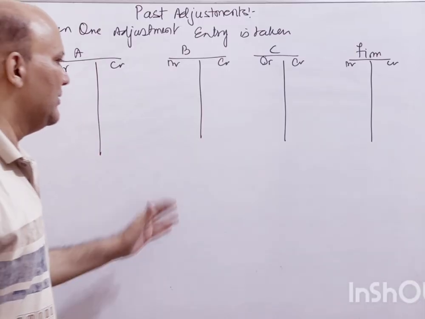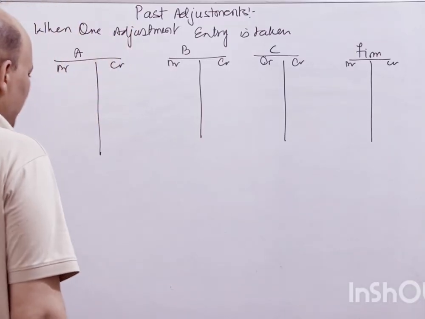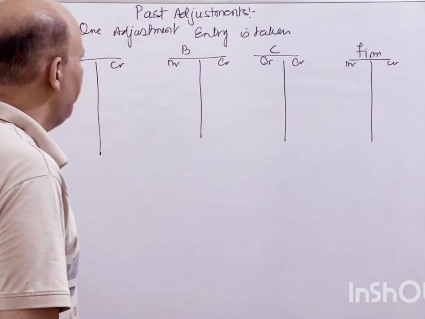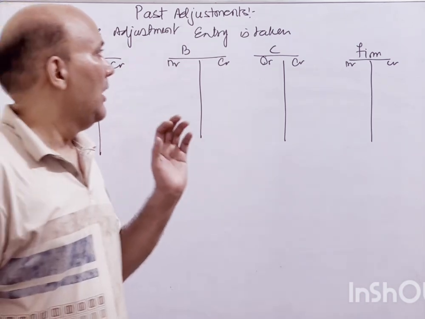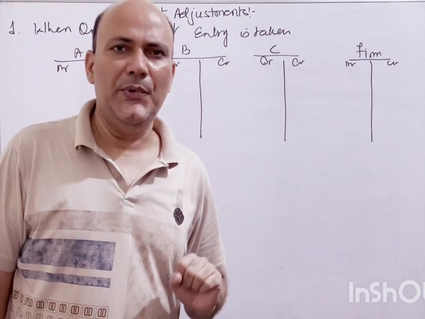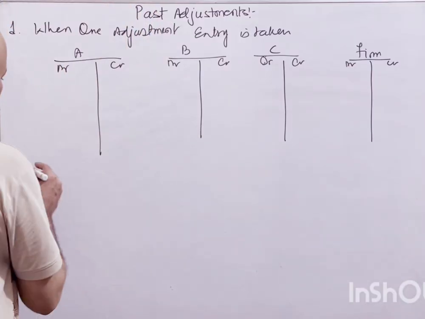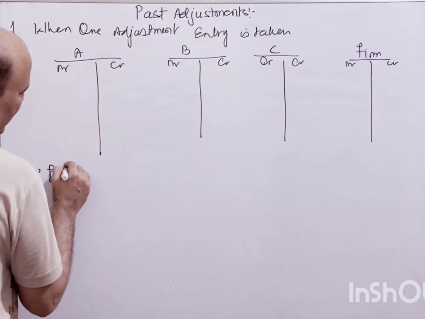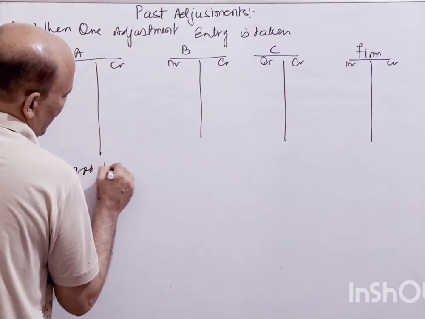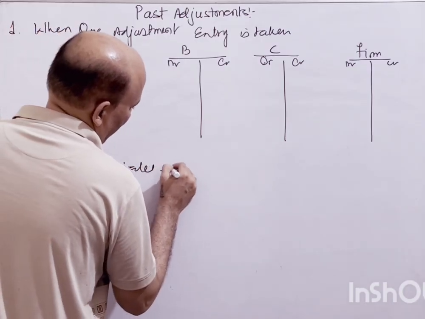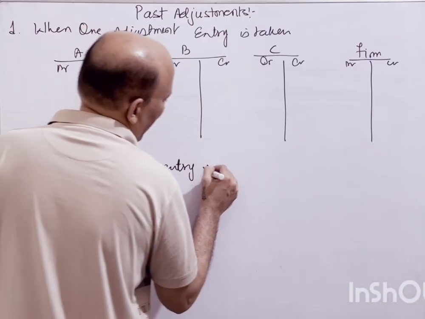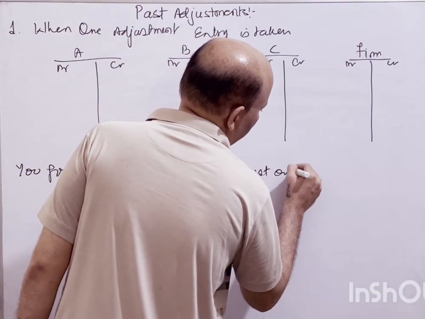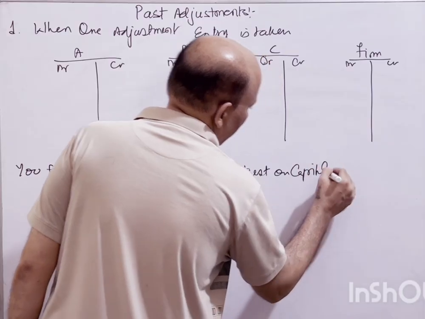Now I'm taking one example of that, right? Let's say you have forgotten to pay interest on capital, so you have to take the entry for interest on capital. That means you forgot to give the interest on capital.